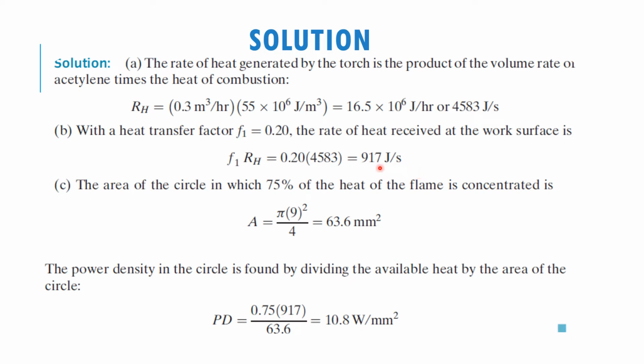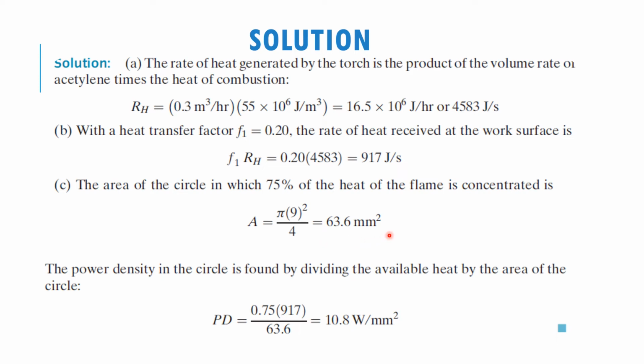So the last one is the area of the circle in which 75% of the heat of the flame is concentrated. You have to calculate the area first. So A equal to pi d squared over 4. Sorry. So the area will be 63.6 mm squared.